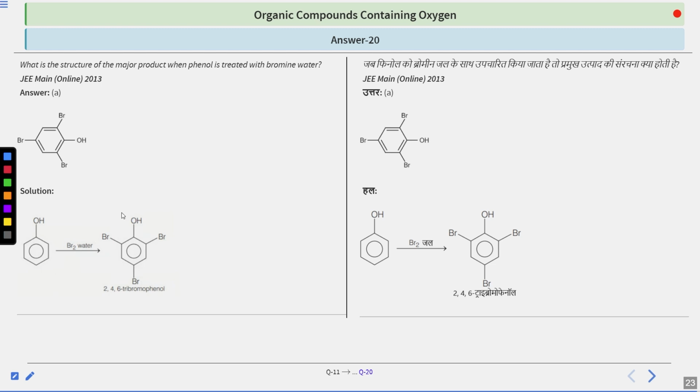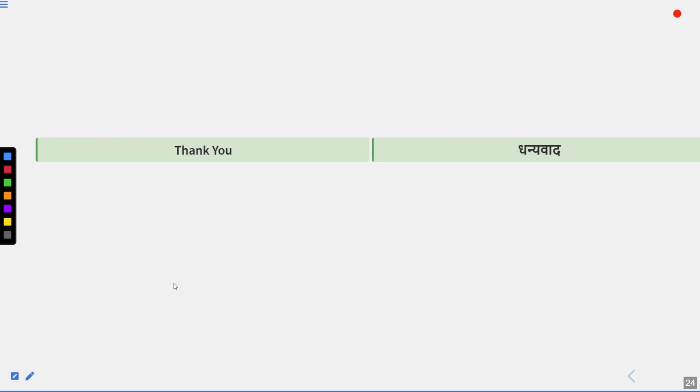This is a popular reaction, or you can learn it also: when phenol reacts with bromine water, the ortho and para positions get activated, and the bromine will react and attach at the ortho and para positions of the benzene ring. So we will get 2,4,6-tribromophenol as our major product. Okay. Thank you.